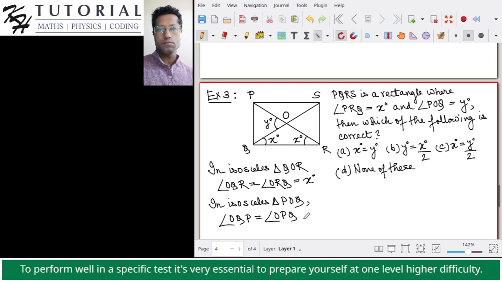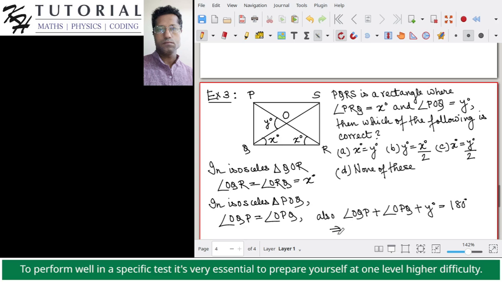Now, using the angle sum property in triangle POQ, we know that angle OQP plus angle OPQ plus y degree is equal to 180 degree.